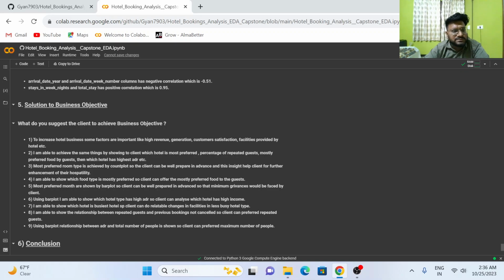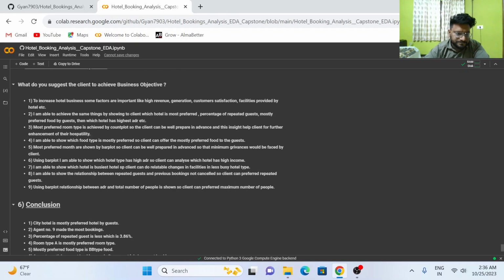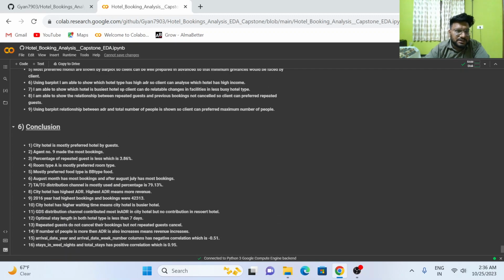Last one would be the relationship between the ADR and the total number of people. We clearly saw that the more people staying in the hotel, the higher the ADR.